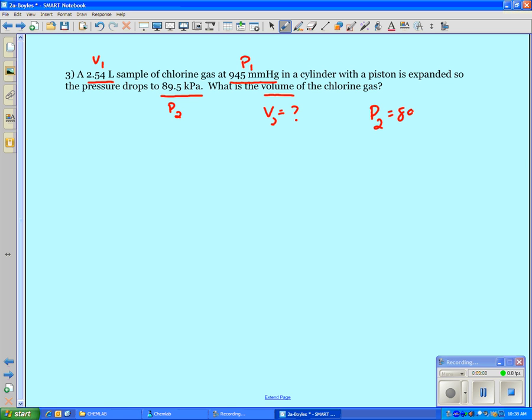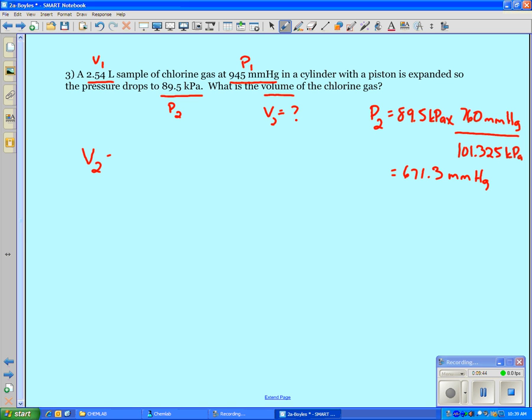So 89.5 kilopascals times 760 millimeters of mercury over 101.325 kilopascals. So pressure 2 in units of millimeters of mercury will be 671.3, and make sure you keep that number from your calculator. Use the unrounded number for further calculations.